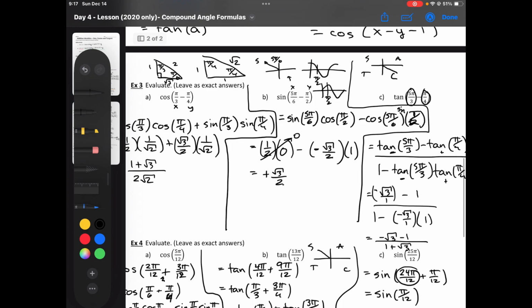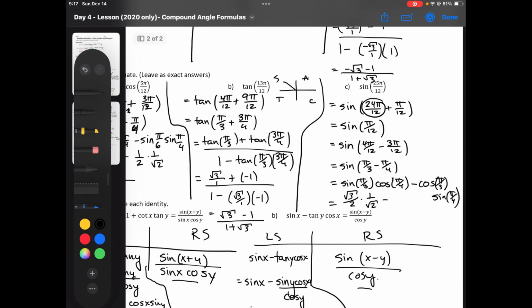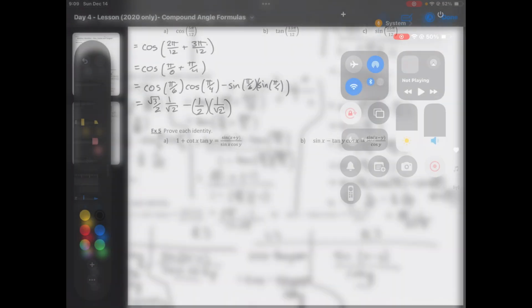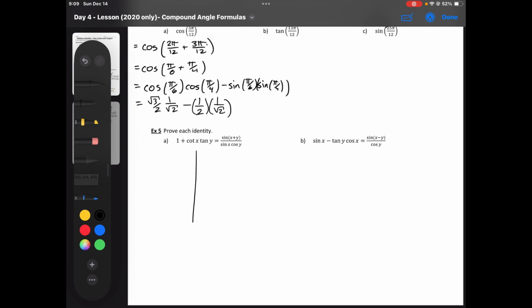Cosine of pi over 3, double checking on my special triangle up here, is adjacent over hypotenuse, which is 1 over 2. And then sine of pi over 4 is also 1 over root 2. So finishing this simplification, I've got root 3 minus 1 over 2 root 2 as the exact value of sine 25 pi over 12.